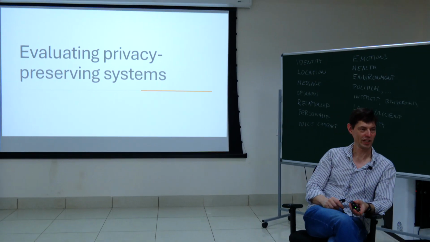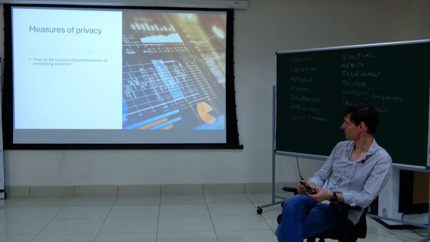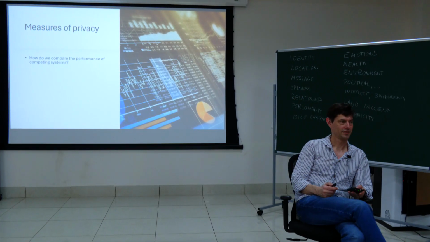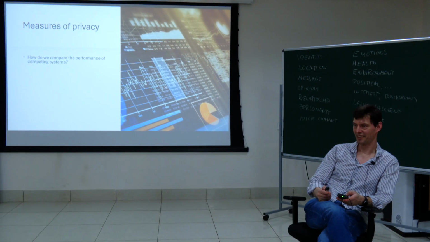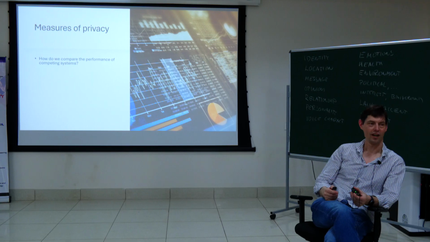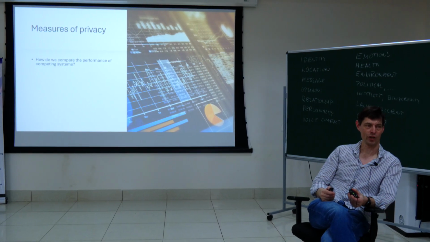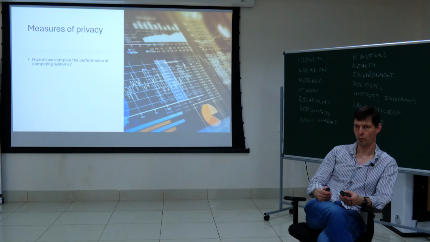How do we determine which one is better? That is an engineering question. How would you evaluate removal of Parkinson information from a system?